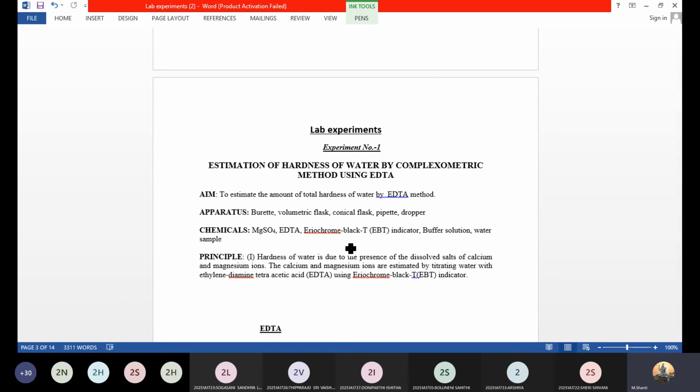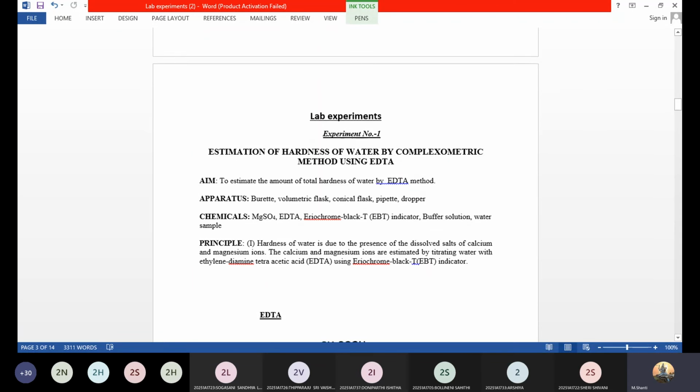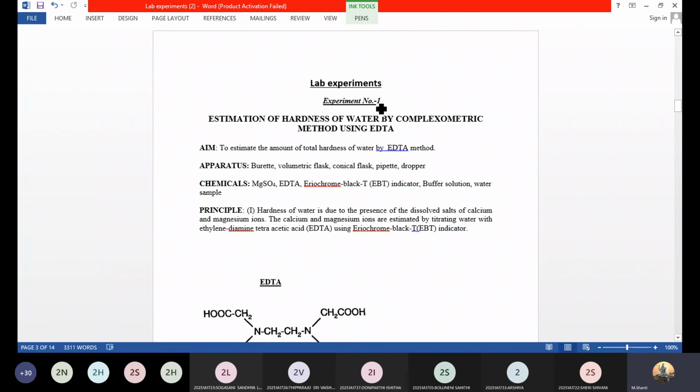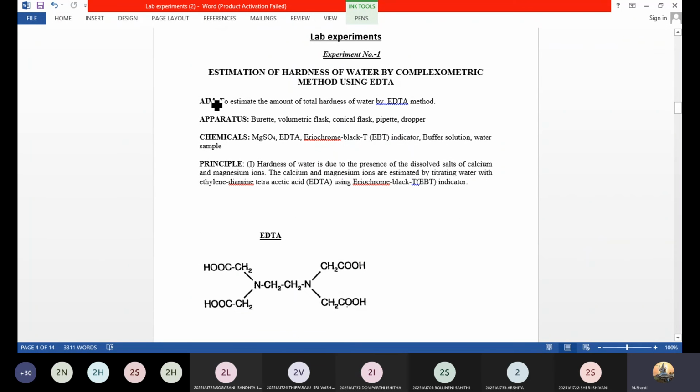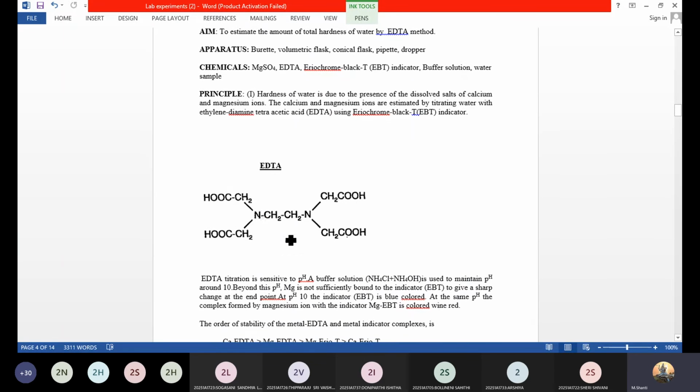Now you have the empty ruled page, yes or no? Yes, ma'am. Just leave one page, and from the second page start writing. Put the heading as experiment number 1, then write the title, and like it is written in the manual, in the same manner write the aim, apparatus, chemicals, principle, and draw the structure.